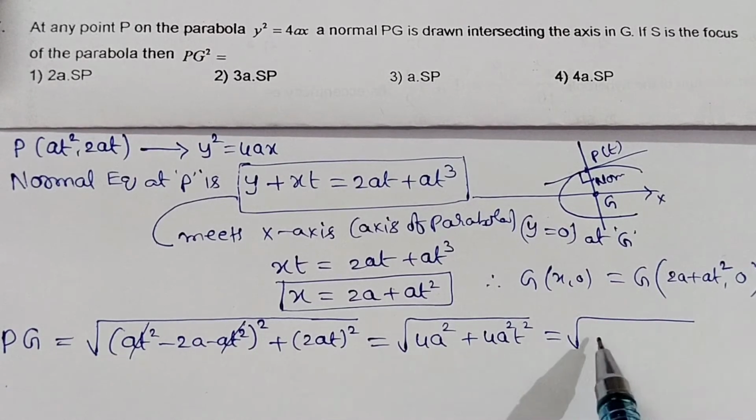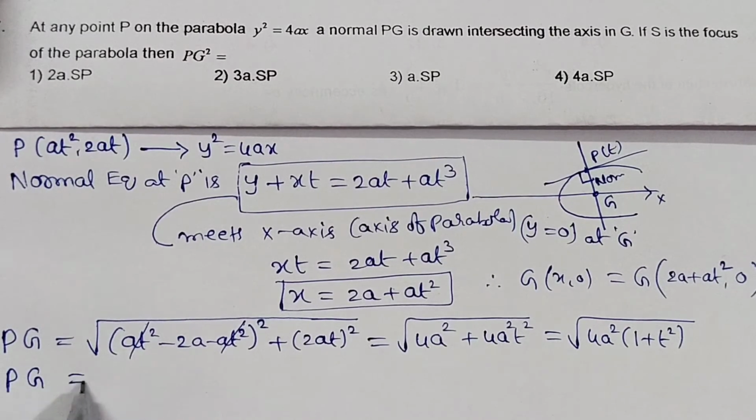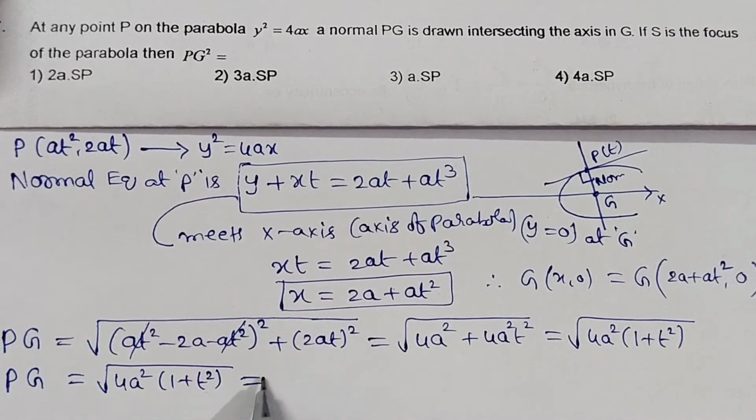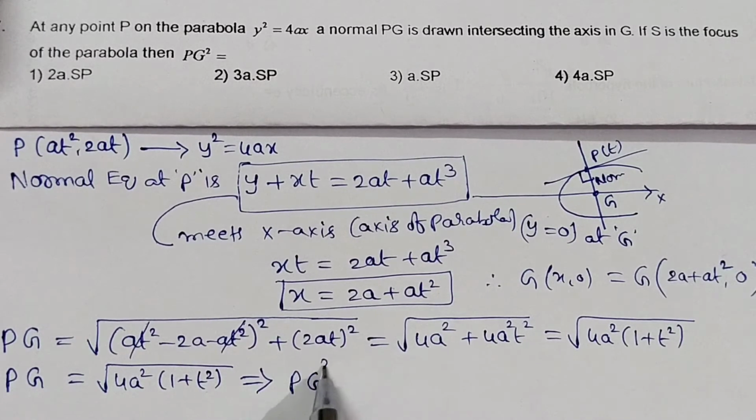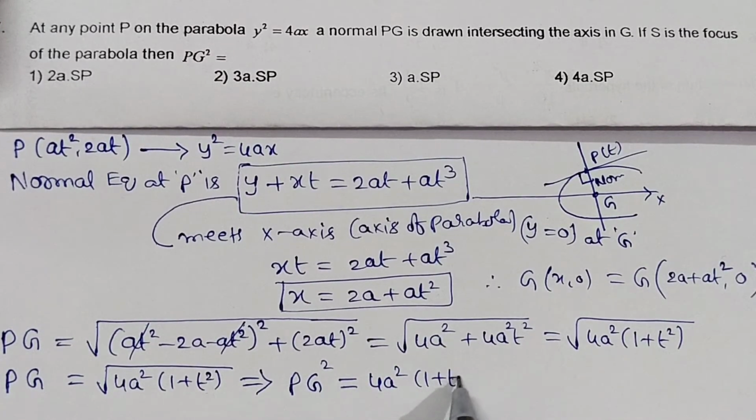So square root of 4a square into 1 plus t square. Therefore PG equal to square root of 4a square into 1 plus t square. PG square is equal to 4a square into 1 plus t square.